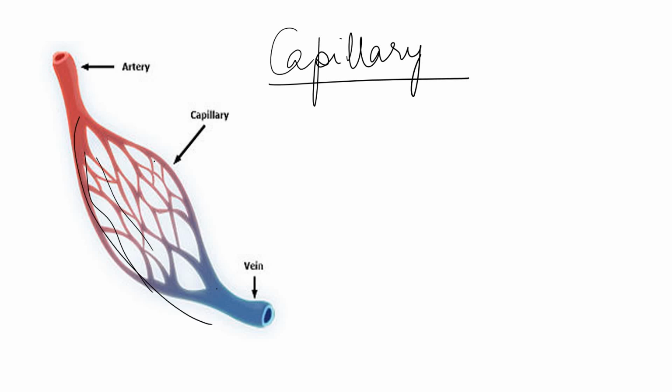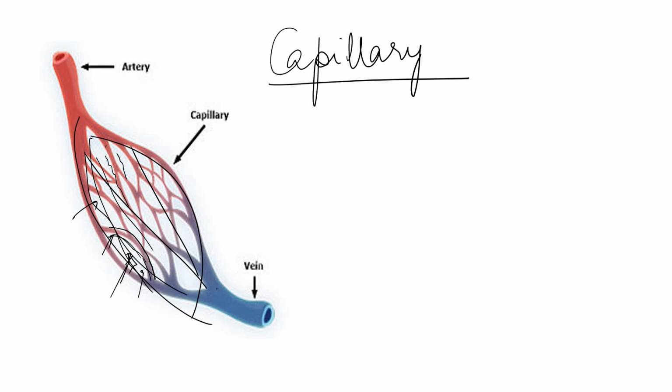These capillaries have a very thin wall, because some gaseous substances are also transported, so they need to diffuse through the capillary. Suppose they had a thick wall, then the gases would not be able to penetrate the layer and it would be difficult to transport the waste gases and everything.